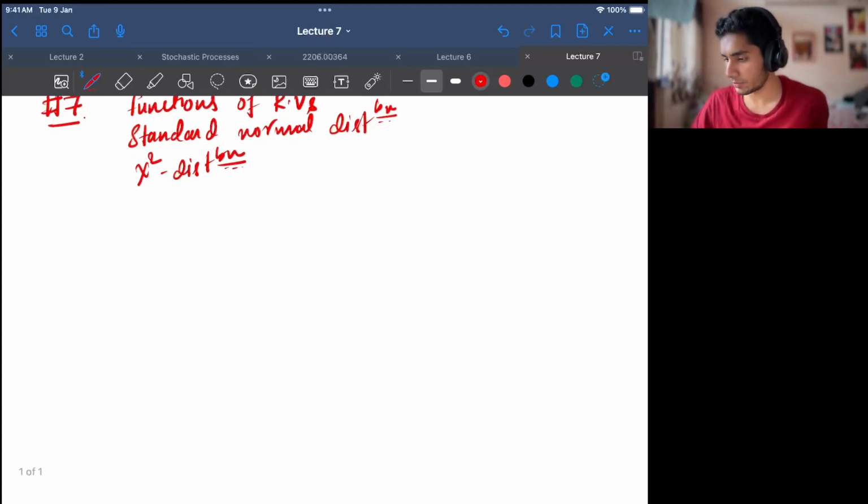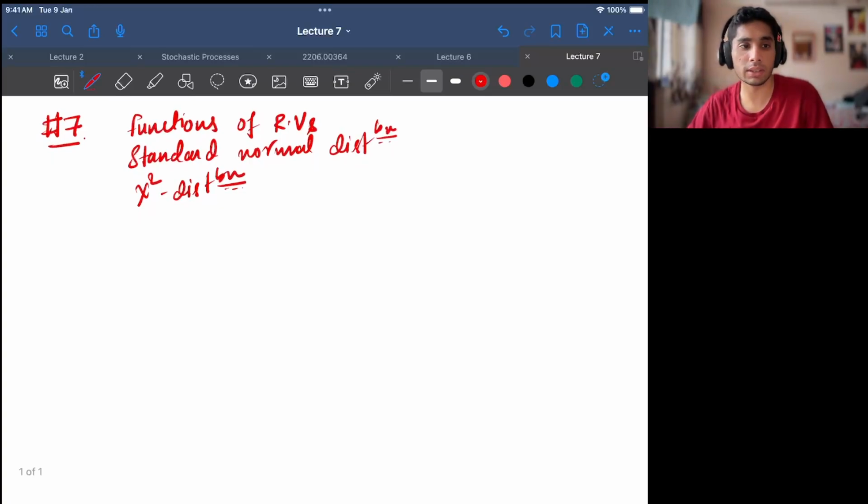So we will be solving problems on these three topics broadly.